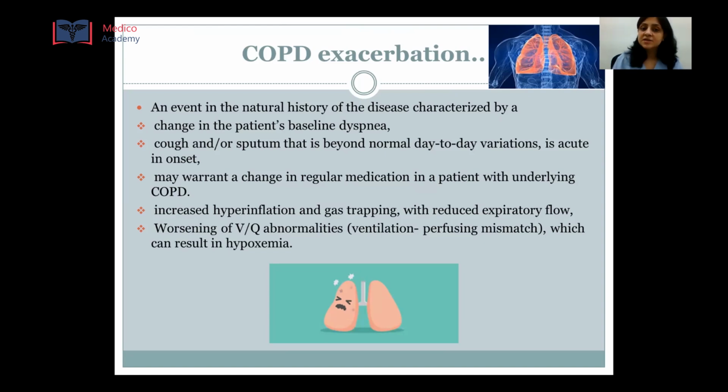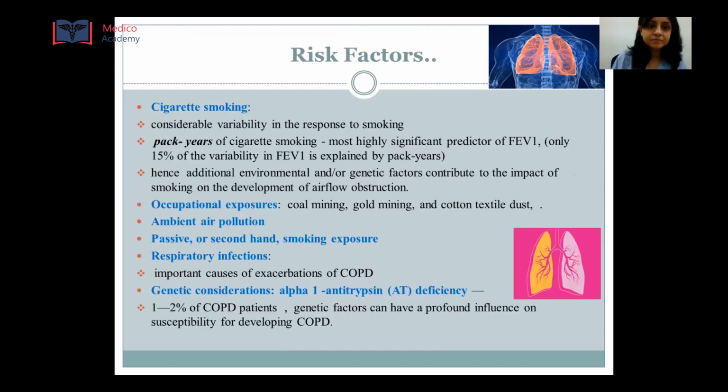So any of these things, if it has happened in the patient, is probably when the patient is going to present to the hospital, is when we say that COPD exacerbation has happened.